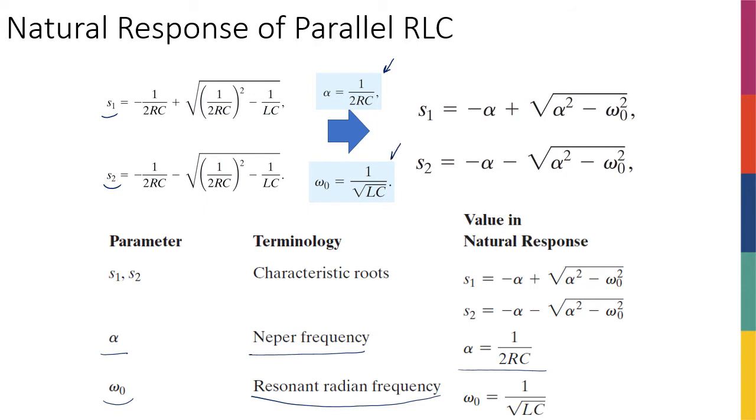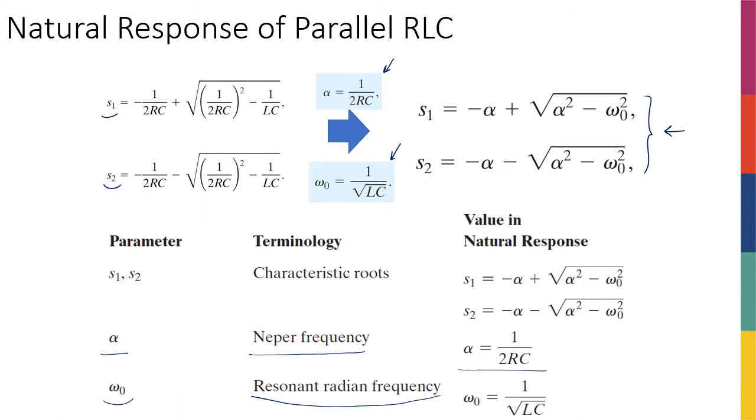Okay, so if I define these two new parameters, then I can rewrite these equations for S1 and S2 as shown here, right? So it's going to be negative alpha plus or minus the square root of alpha squared minus omega naught squared. Nothing is really happening here except defining a couple of new parameters, alpha and omega naught. And we're going to use them to decide about certain behavior of the circuit, as we will discuss in the next slide.